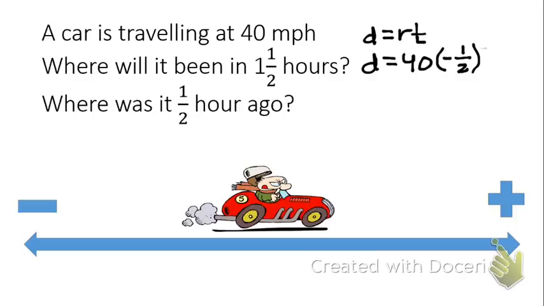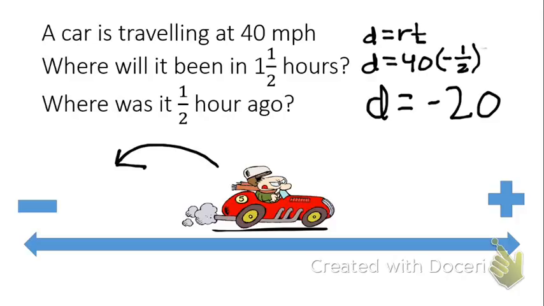I also know, because I'm looking for where he will have been, that we're going to be somewhere over here in the negative distances, because he's heading forward, so in the past he's going to be behind there. So 40 times the negative a half will be negative 20. By thinking about whether the distance should be a positive or a negative, we can make sure we're doing this multiplication with negatives properly.